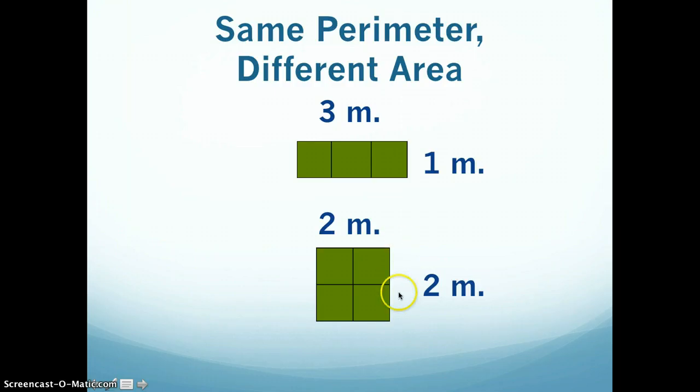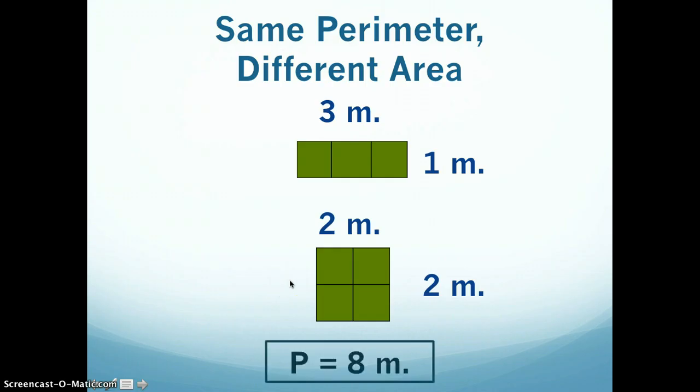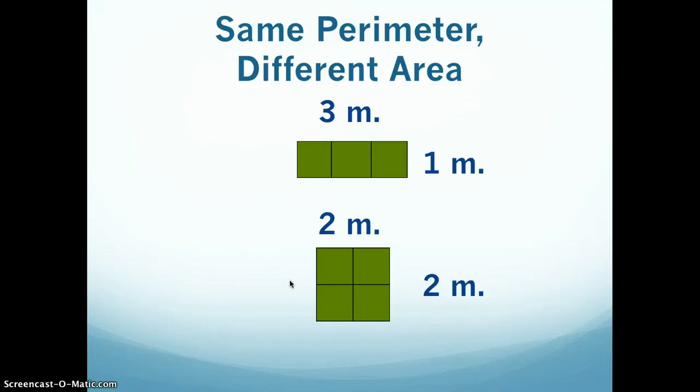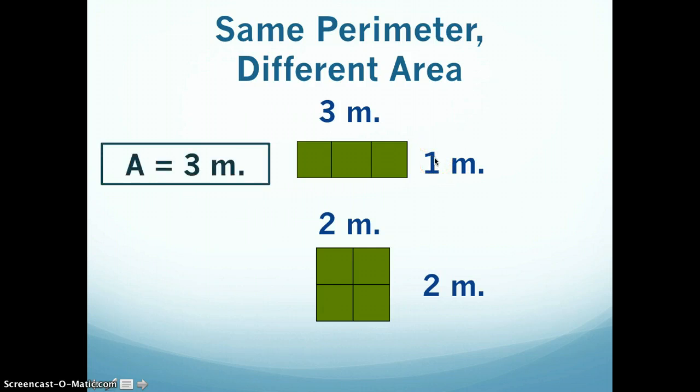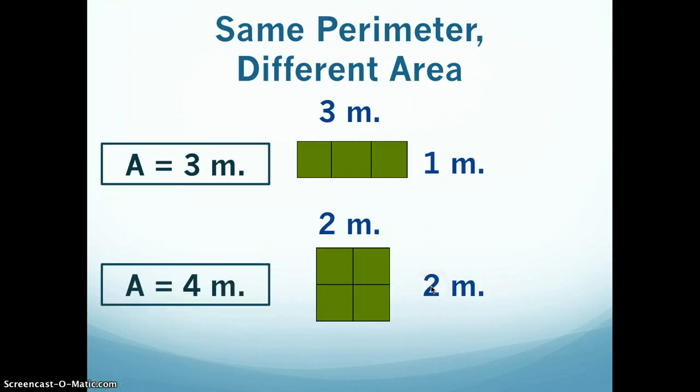We have a width of 2. 3 plus 1 plus 3 plus 1 and 2 plus 2 plus 2 plus 2 are all the same perimeter, 8 meters. The area of the top rectangle is 3 times 1, 3 meters, and the area of the bottom rectangle or square is 2 times 2, 4 meters.